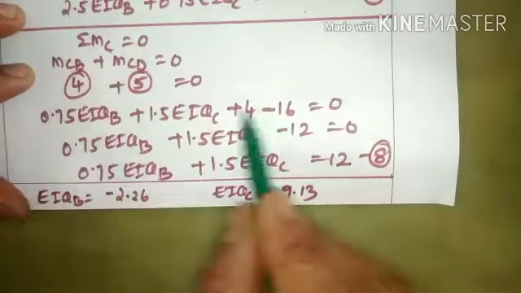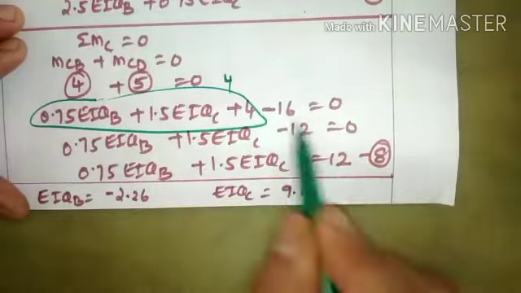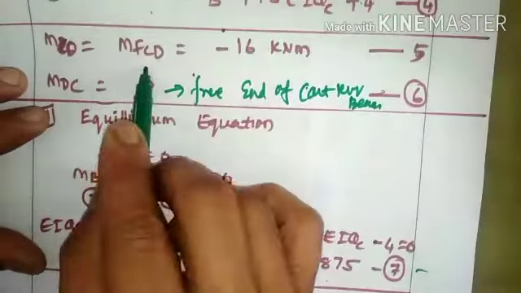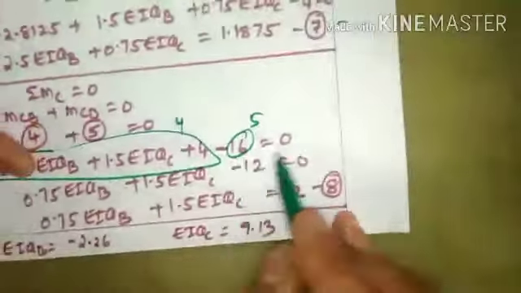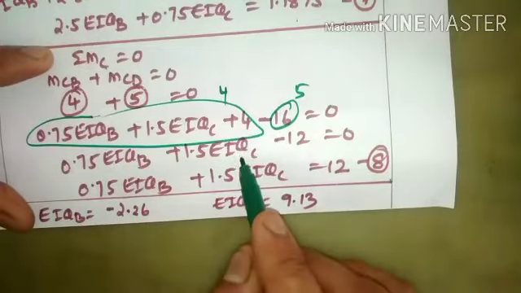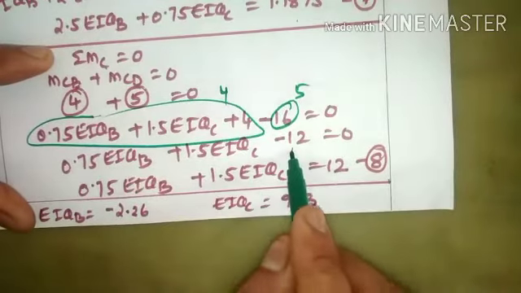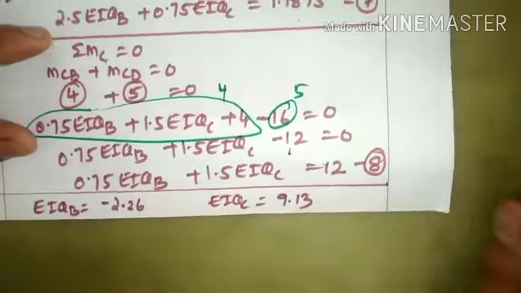Next, this is equation 5, which is nothing but MCD is equal to MFCD because it is a cantilever beam. So minus 16 is equal to 0. 0.75 EI theta B plus 1.5 EI theta C, 4 minus 16 will be minus 12, that is equal to 0. Rearranging, 12 will be taken towards the right hand side.